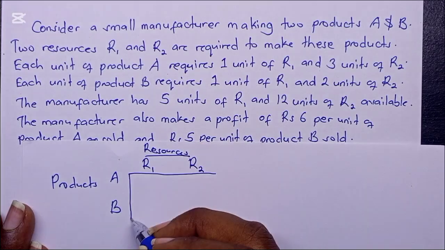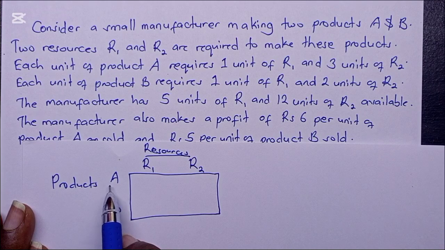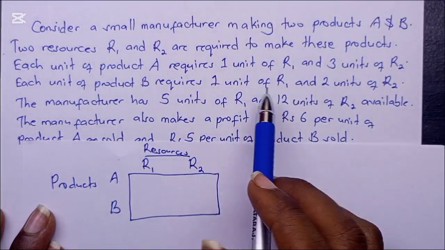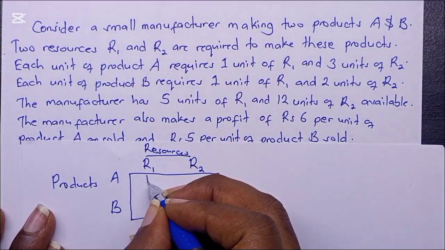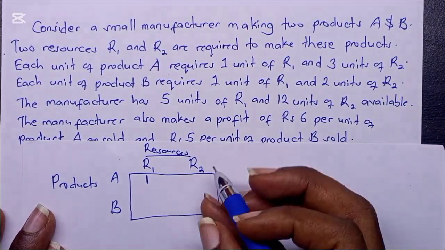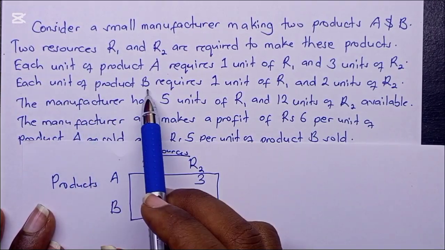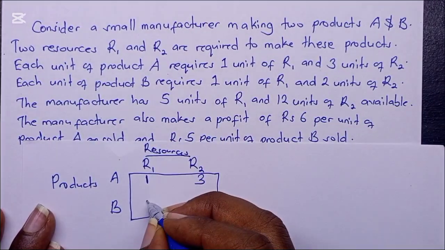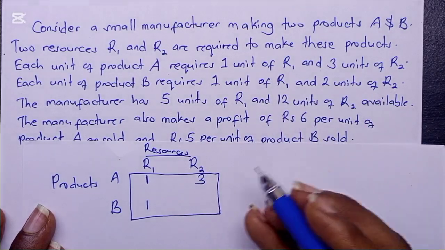So we have been told that product A requires 1 unit of resource 1, so we shall have 1 here, and 3 units of resource 2. And product B requires 1 unit of resource 1 and 2 units of resource 2.